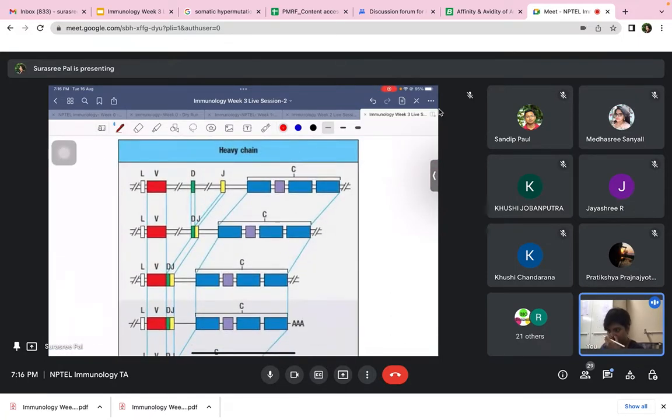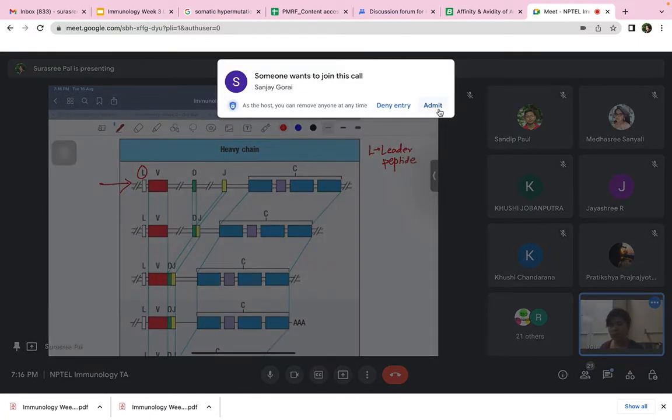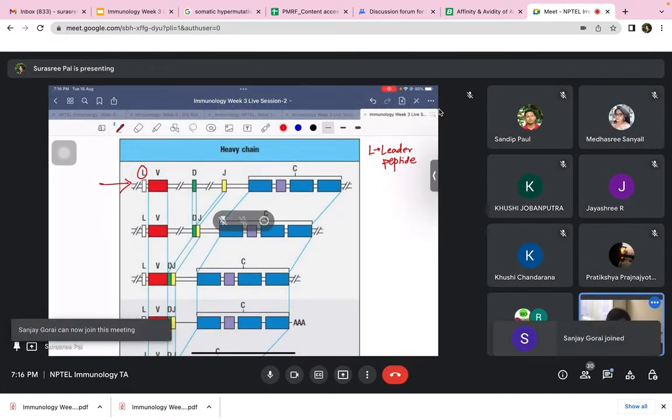Just to give you some details of this, take a look at this gene segment. Here you can see there is first L. L stands for leader peptide. We know that an antibody is an extracellular protein, right?